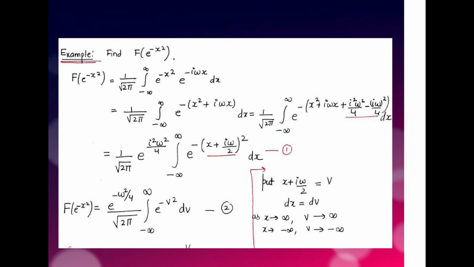Now we use the substitution method to evaluate this integral in equation number 1. For this we define v, a new variable, as x plus iota w by 2. Then we can rewrite this integral as equation 2: e raised to power minus w square by 4 divided by root 2, times the integration from minus infinity to plus infinity of e raised to power minus v square dv.